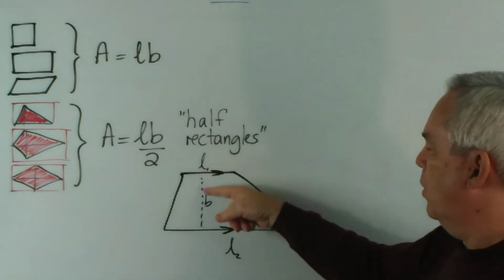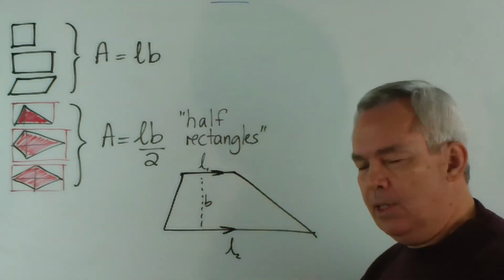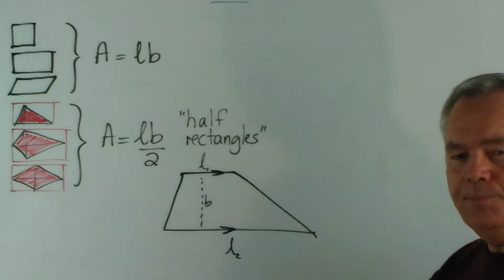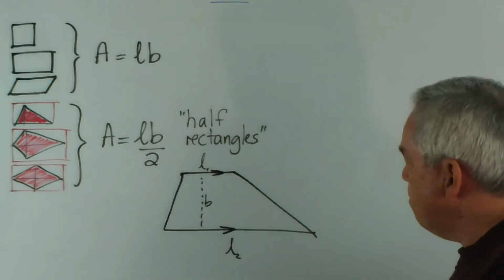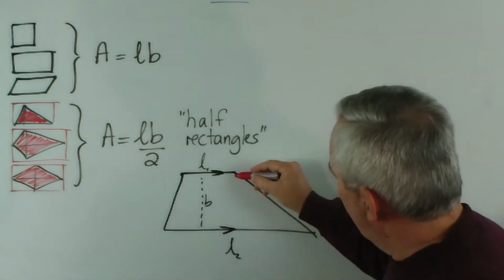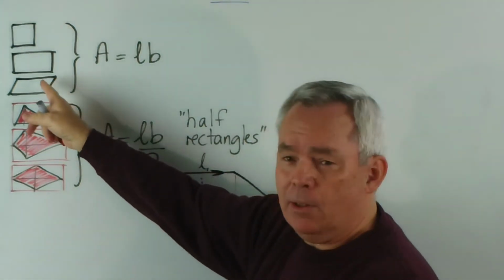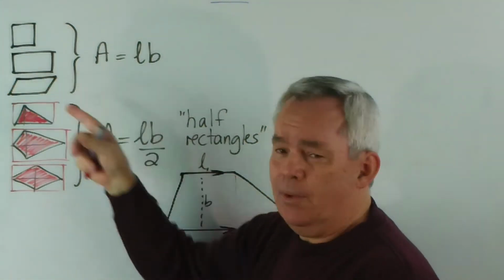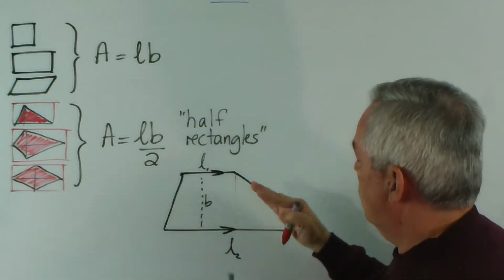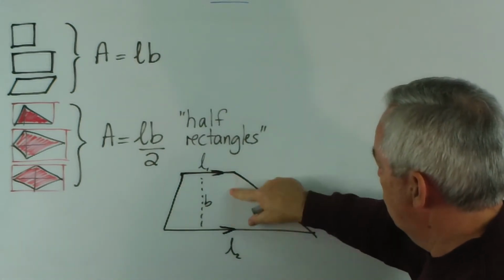Now different textbooks will call out the height, an A and B, or the height and other letters for the sides, but this will do us. How do we find its area? Well, we can't simply chop this triangle off, as we might have with the parallelogram, and take it to the other end and fit it in, because this triangle will not fit here because the angles are all wrong. So that isn't allowed to us anymore.